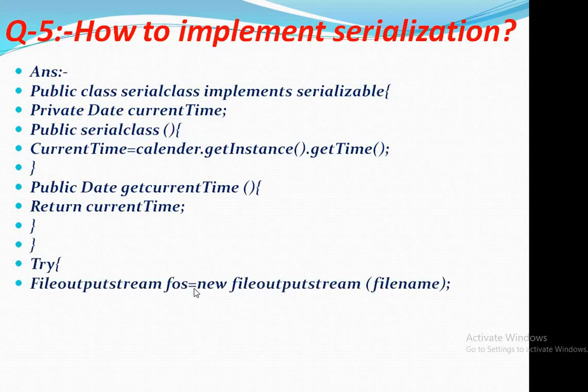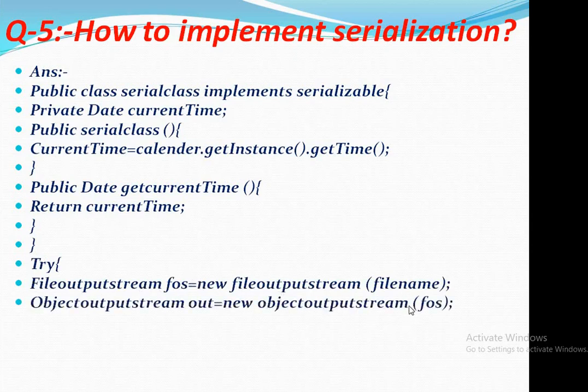Try FileOutputStream fos equal to new FileOutputStream, and we pass the file name here, or we can pass the path or location of the file. Then ObjectOutputStream out equal to new ObjectOutputStream, taking the object of the FileOutputStream. Then out.writeObject(time) and out.close.